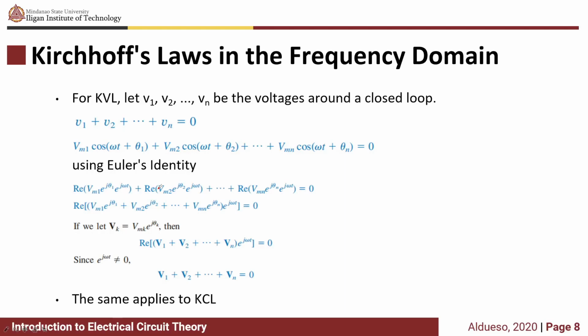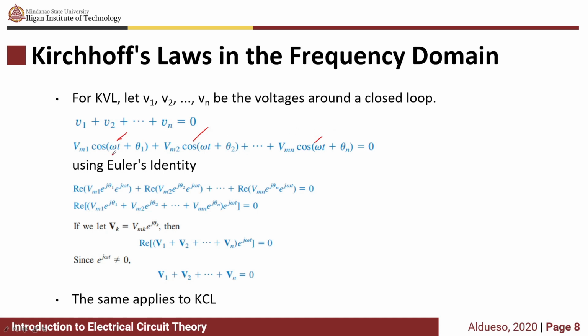Now for Kirchhoff's laws in the frequency domain. For KVL, we let V1, V2, up to Vn be the voltages around a closed loop. Applying KVL at that loop, we have V1 plus V2 plus up to the nth voltage equal to 0. Now for example, the voltages are sinusoidal voltages. So we have V1 equivalent to this voltage, V2 is this voltage, up to the nth voltage.